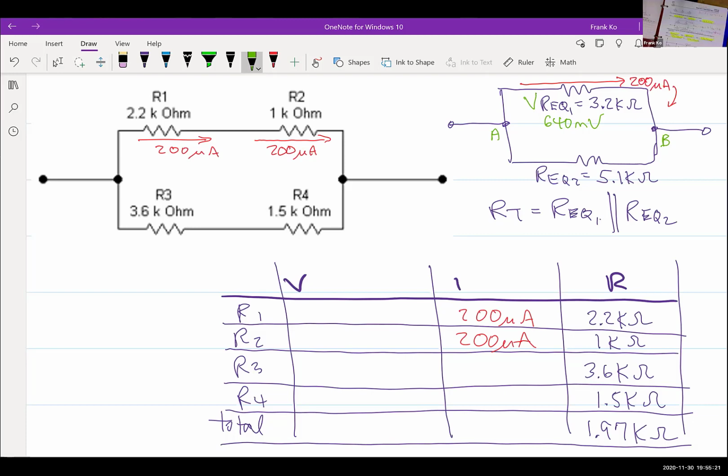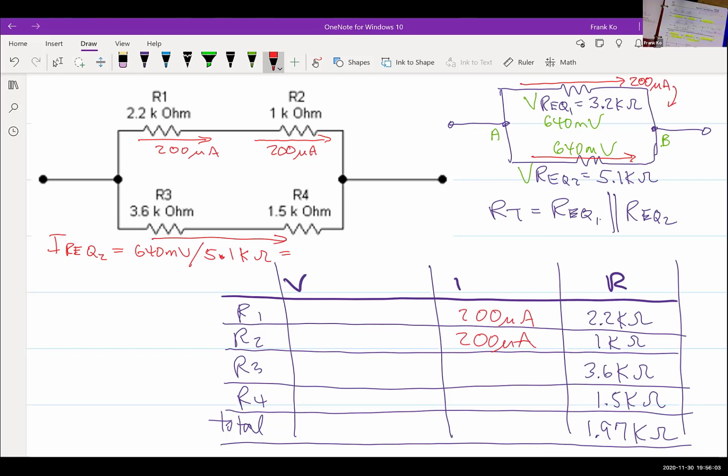If I now have a voltage of this across 5.1 kilo ohms, can you calculate a current? Yes. Please calculate that current. Those are the keys to the kingdom right there. This is also 640 millivolts, which means the current flowing through here, this is I REQ number 2, must be equal to 640 millivolts over 5.1 kilo ohms.